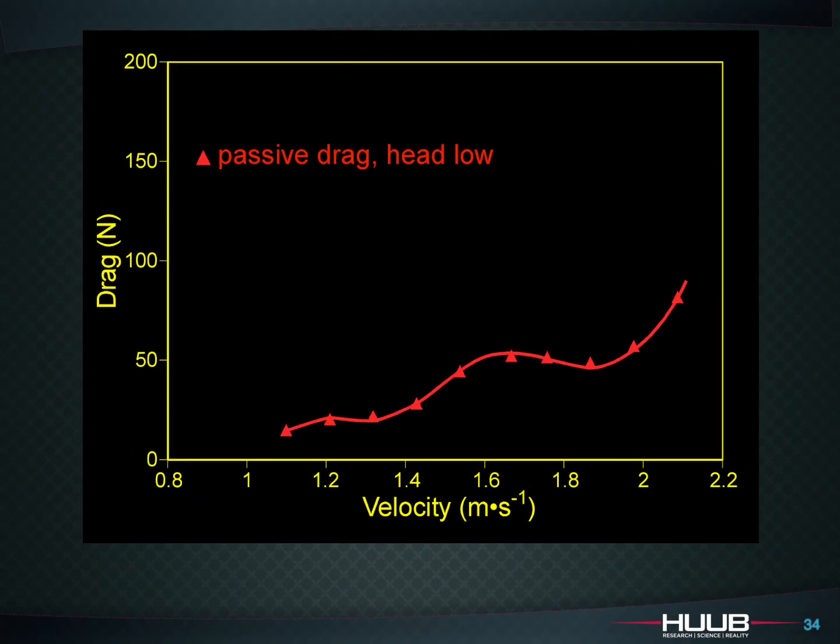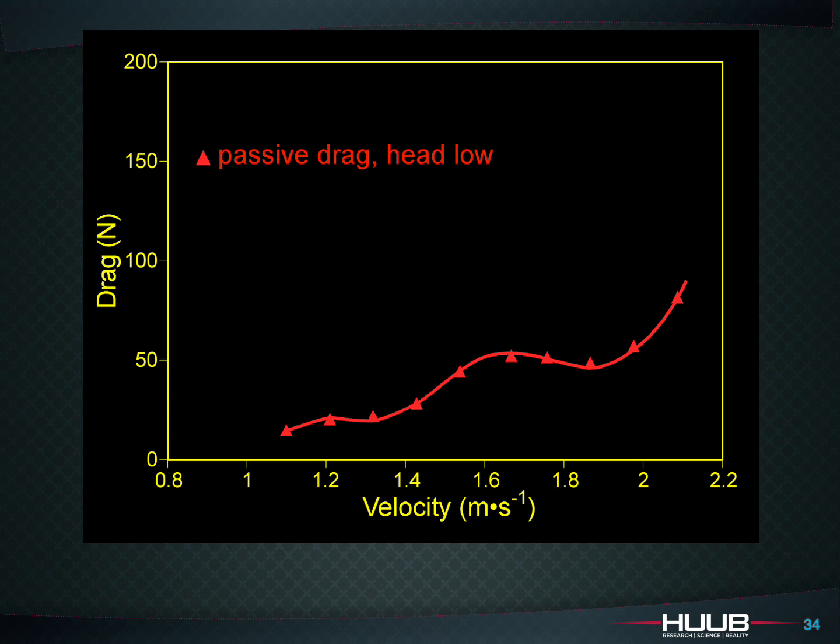And now let's look at passive measurements that I did in Colorado Springs in 1988, a long time ago. And we measured passive drag, and we did that for a subject with his head low and his head high.